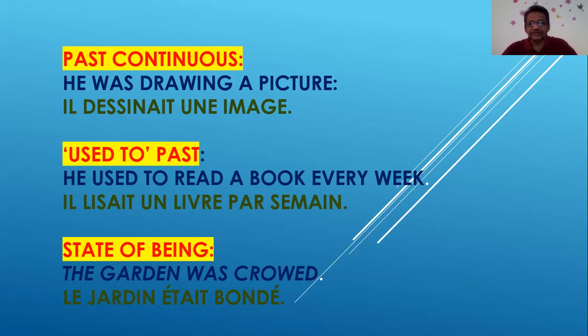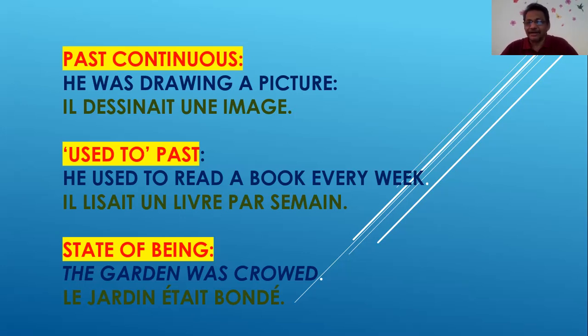Now the third is state of being. This sentence talks about how a person or an object or a thing was in the past. To denote that, we use state of being, and for that also imparfait is used. The garden was crowded. It is written in French, le jardin était bondé.